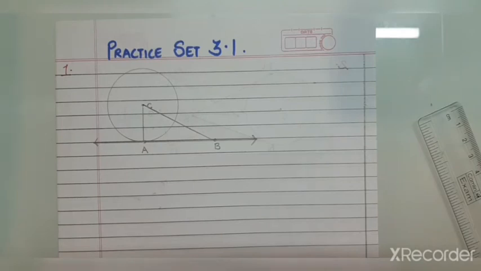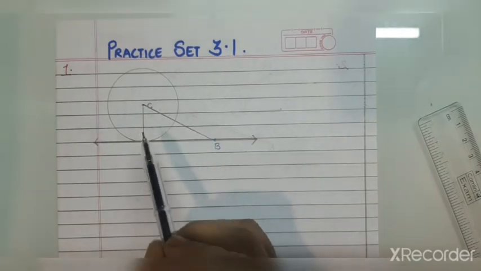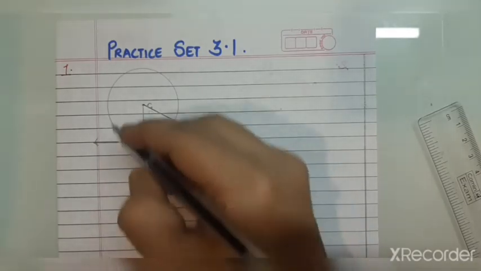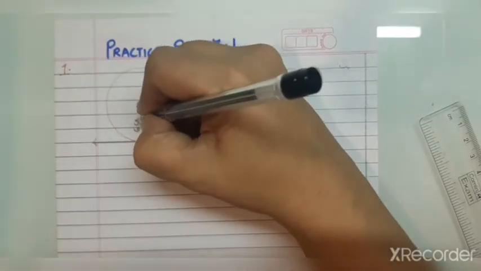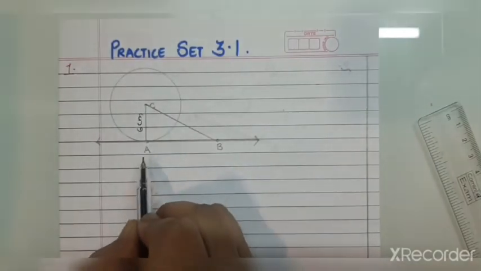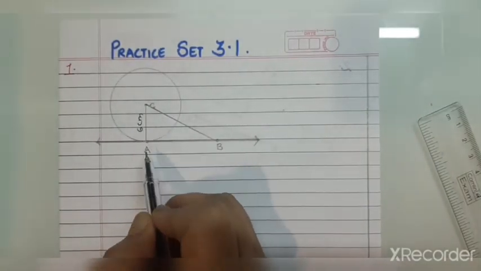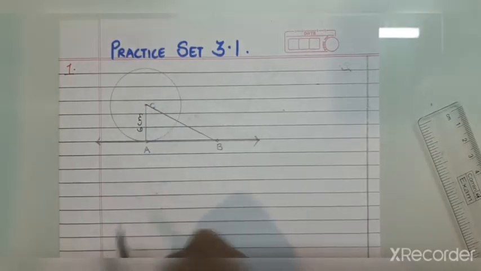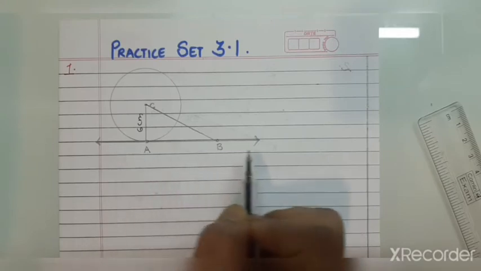Now the radius of this circle with center C is given 6 cm. So we'll mention here 6 cm. And A is the point of contact of this circle and this line AB. So in this case, what will be line AB?